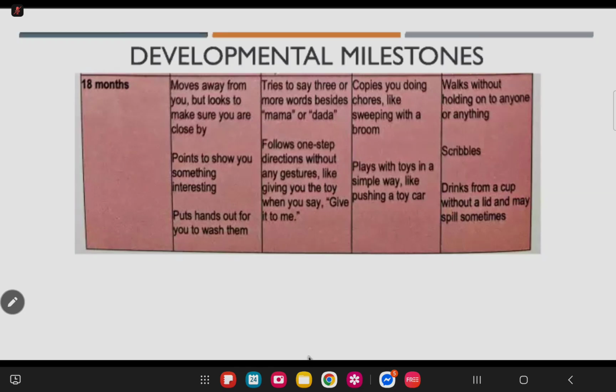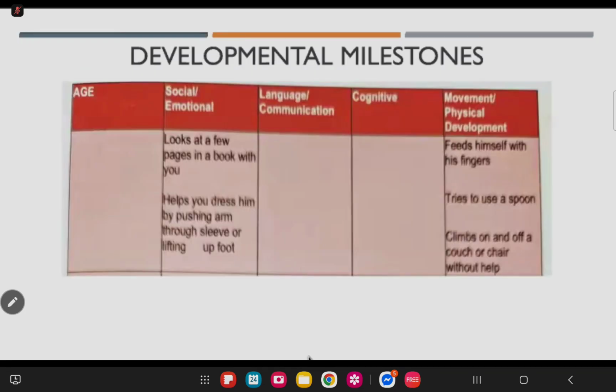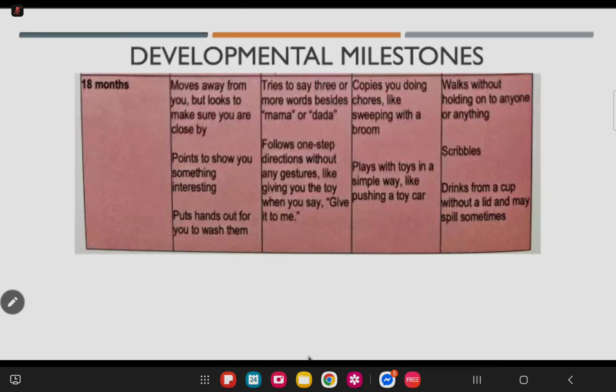Okay, so what's an example? Here, this one: tries to say three or more words besides mama or dada. Actually, the exact description for this milestone is at least 10 words.